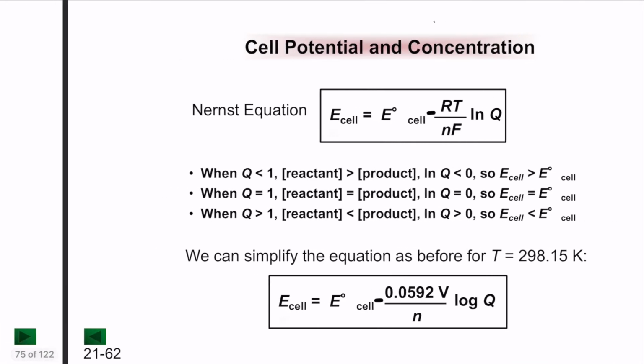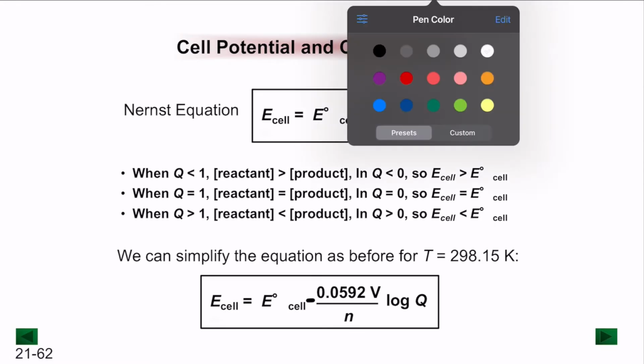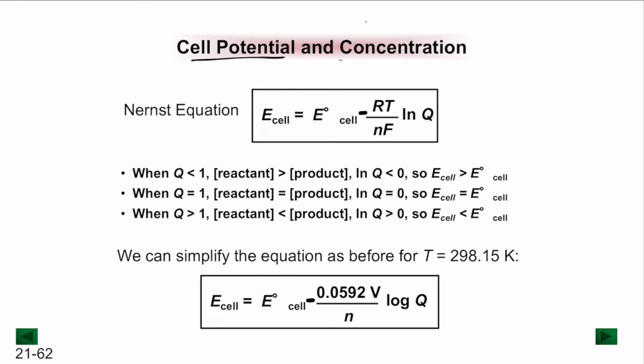Next, let's talk about cell potential and concentration. For that, we generally use the Nernst equation. The Nernst equation represents the cell potential under non-standard conditions.